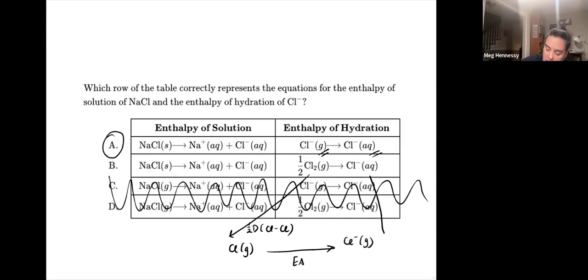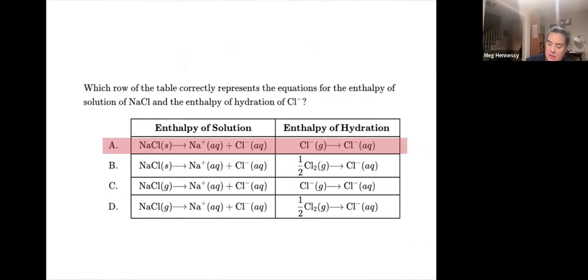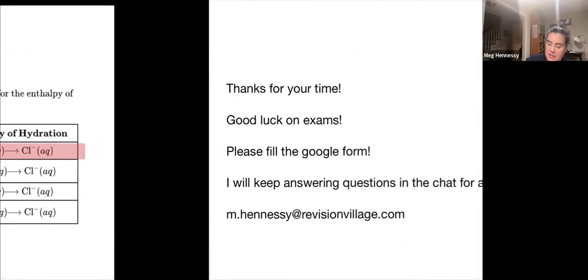And then we could hydrate it. So that B answer just has a whole lot of steps involved. And enthalpy of hydration is a single step, taking an ion and making it into the aqueous phase. So there you go. That was my last question. Again, A is the right answer.